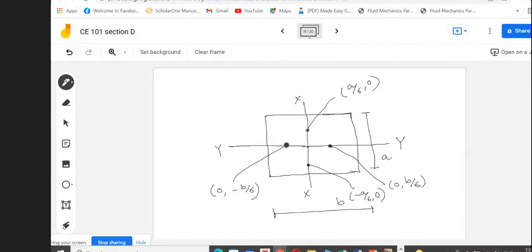So if we just connect these dots, this is giving us a shape of rhombus.